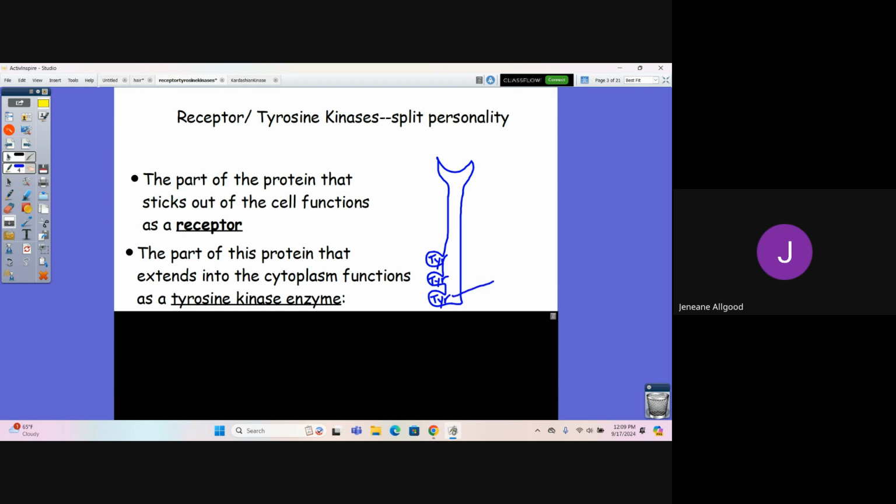Okay, so what this says in there, in case you can't see that, is TYR for tyrosine kinase.